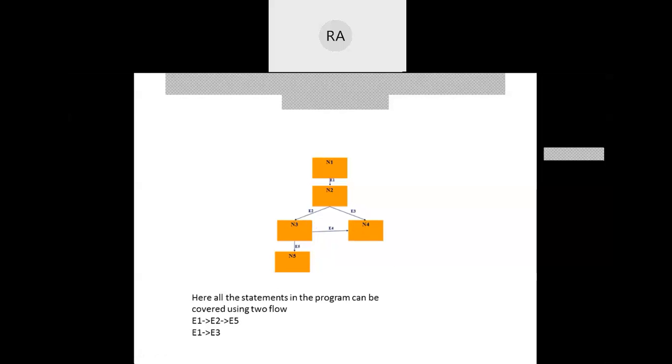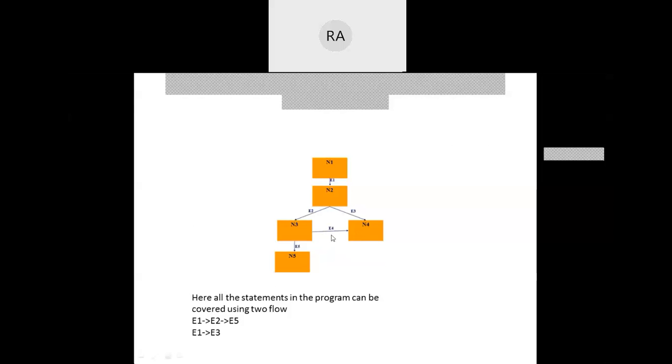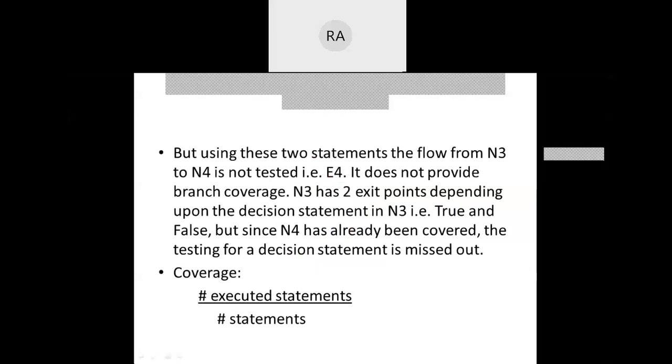The statements which are present along these paths can be tested by traversing through the paths E1 into E5 and E1 and E3. But the edge between N3 and N4, E4, is not tested.